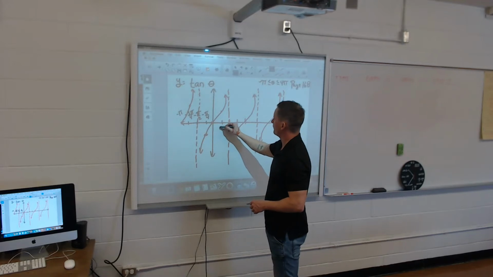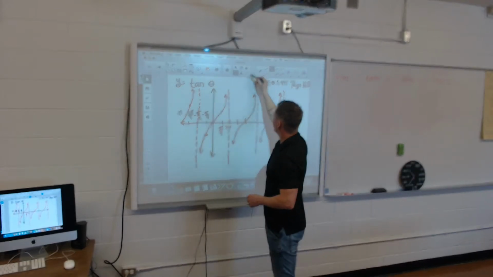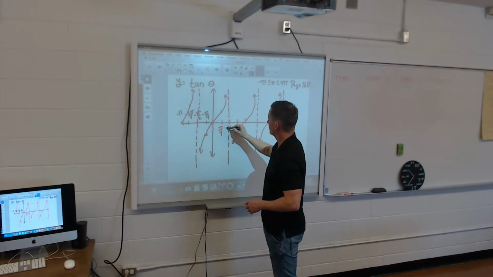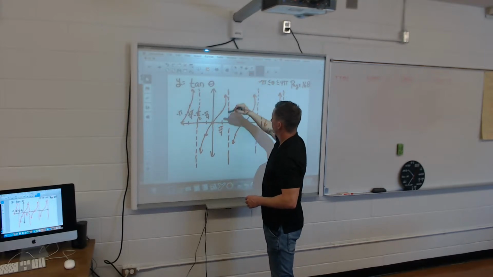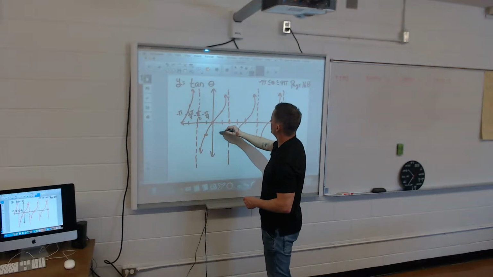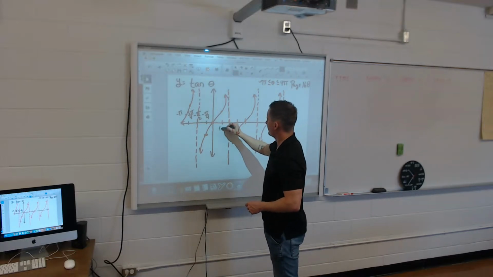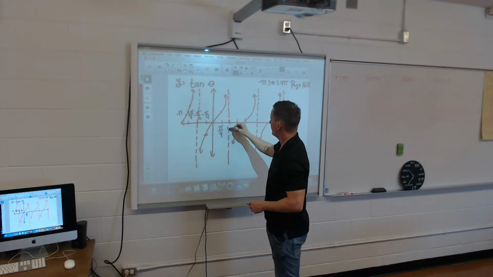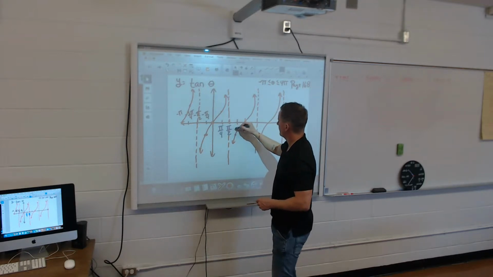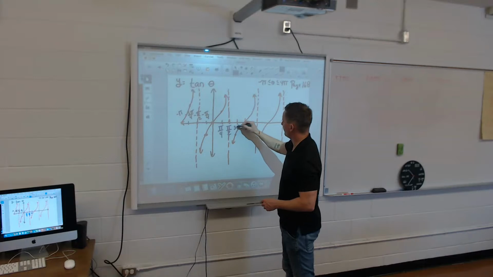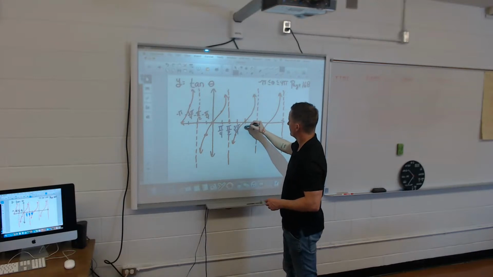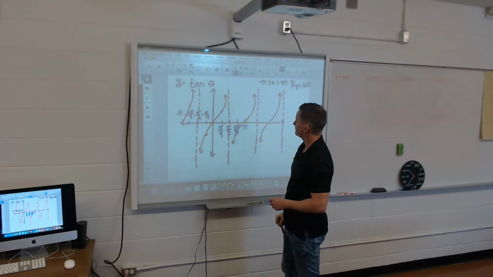So this is pi over 4. That's 3 pi. This is, sorry, pi over 2. Let me write those in different colors so it's easier to see. So this is pi over 4, pi over 2, 3 pi over 4, pi.